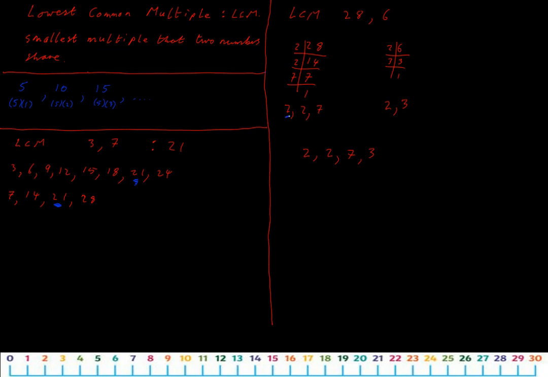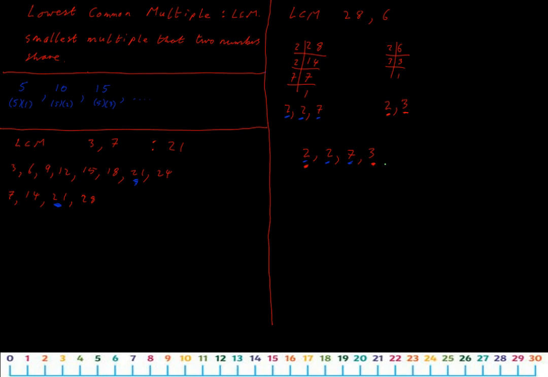I need to have a 2, a 2, and a 7 for my prime factors of 28. So I have a 2, a 2, and a 7 for my prime factors of 28. And I need to have a 2 and a 3 in order to have the factors of 6. So I have a 2 and a 3 for my prime factors of 6.